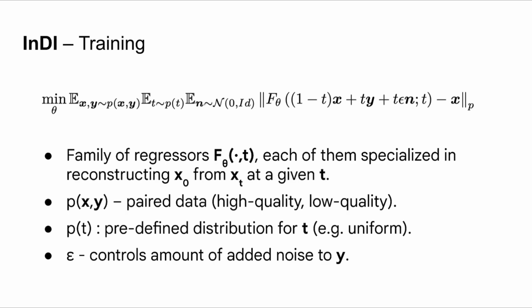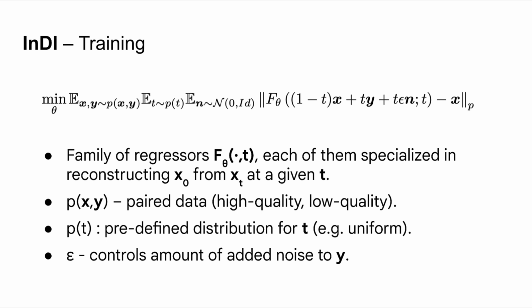The core block of InDI is a neural network that predicts the clean image given an intermediate degradation. We just use a standard Lp loss to minimize the pixel reconstruction error. What we learn in practice is a family of continuous regressors, here represented by f theta, each of them specialized in estimating the clean image given xt and the parameter t.